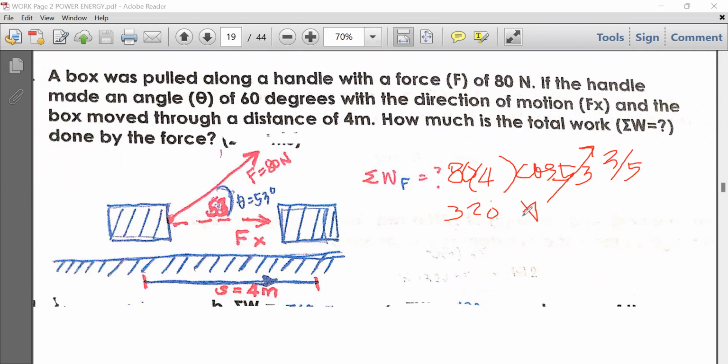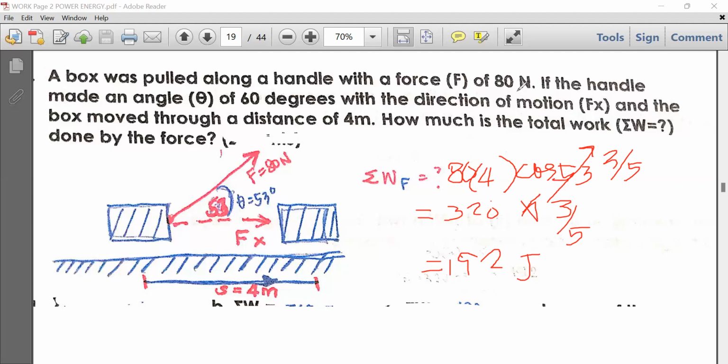So the answer is 192 joules. 320 times 3 and then divided by 5 is 192.